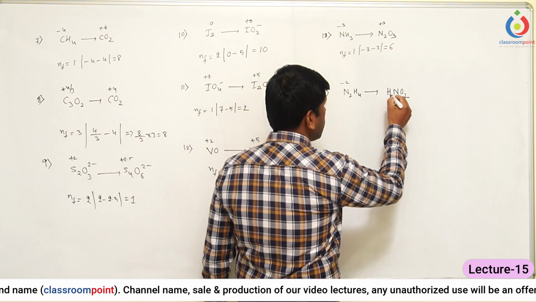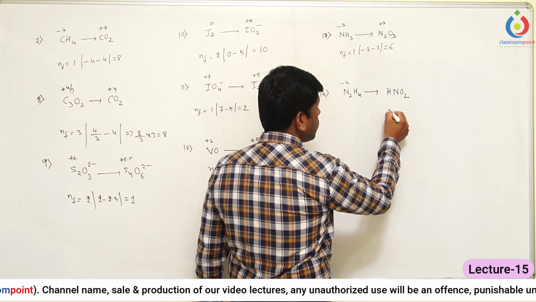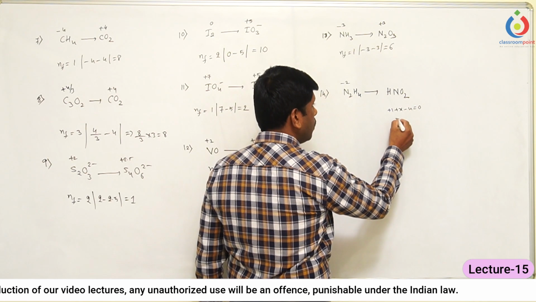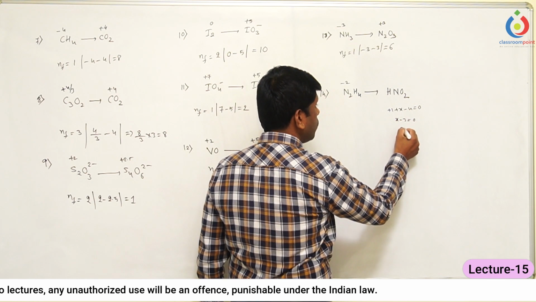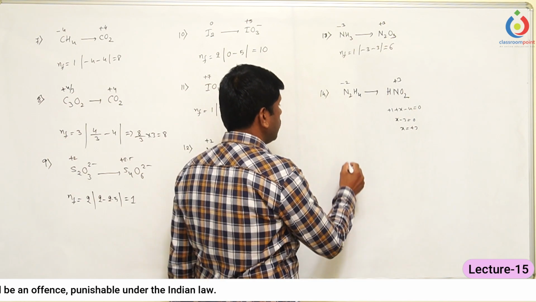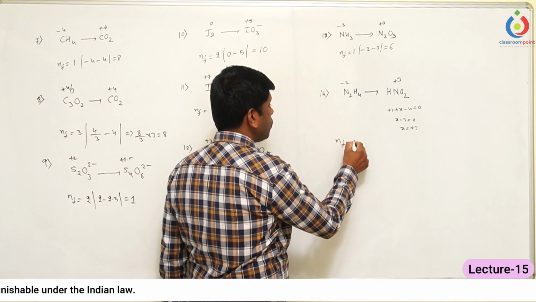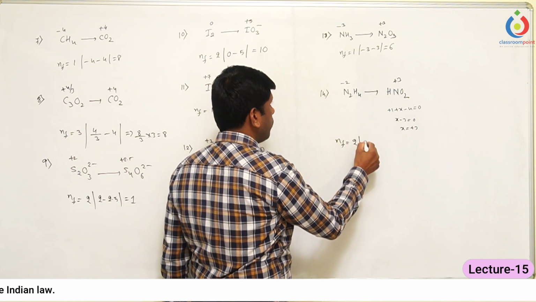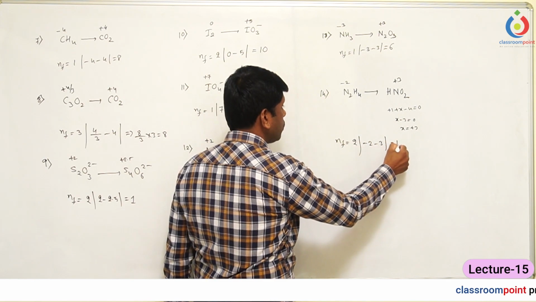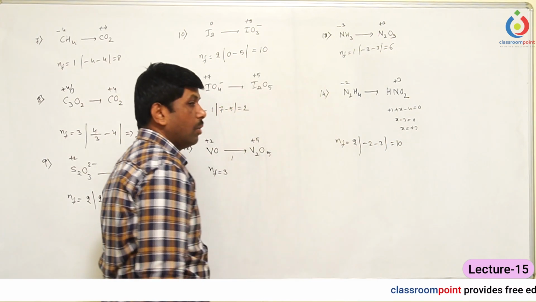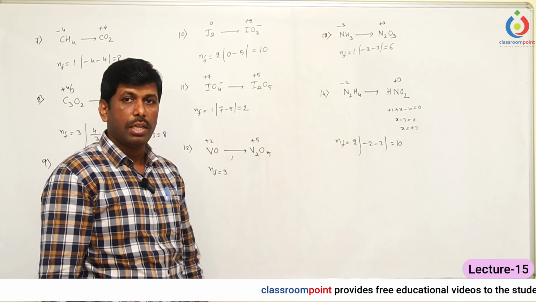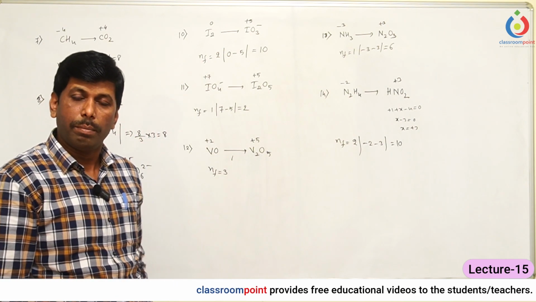And here in this case hydrogen, let us take plus 1 plus x minus 4 equals to 0, x minus 3 equals to 0, x equals to plus 3, oxidation state. So then N factor value here equals to 2 nitrogens are there, and minus 2, minus 3, 5 is there, 5 into 2 equals to totally 10. So like this we can calculate the N factor values for the various reactions using the mod method.